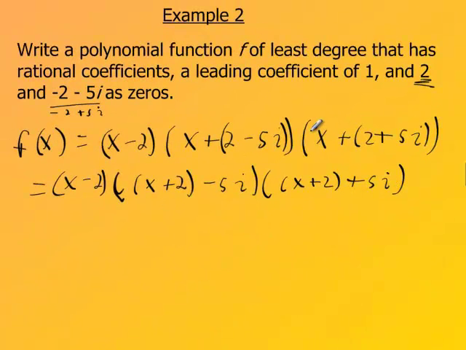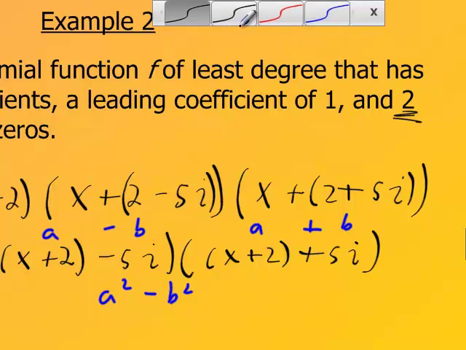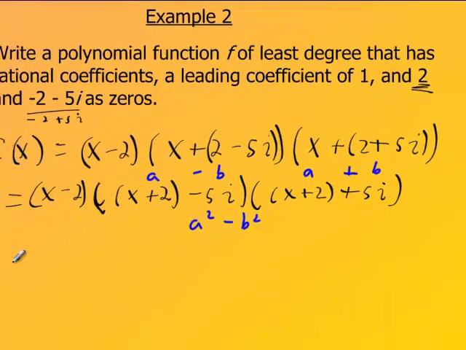Okay, now if I look at this carefully, what I have is basically a difference of squares, where I have one term, this is like a minus b, and over here this is a plus b. And we know that when we multiply those together, that should give us a squared minus b squared. We learned that a while ago, that difference of squares pattern.